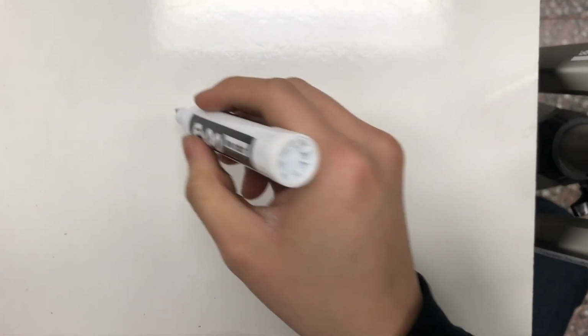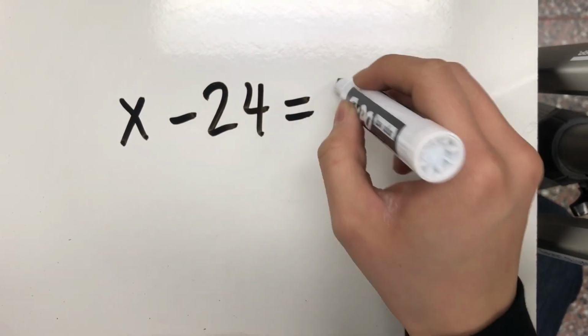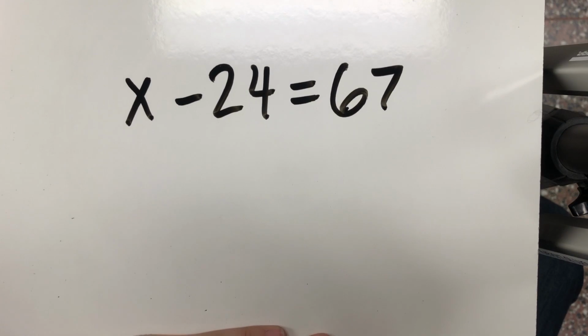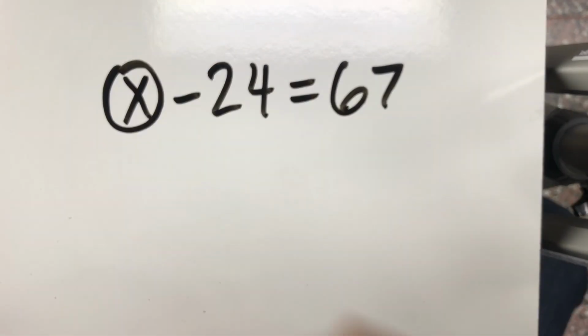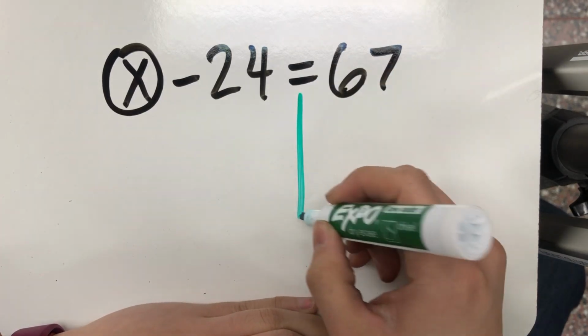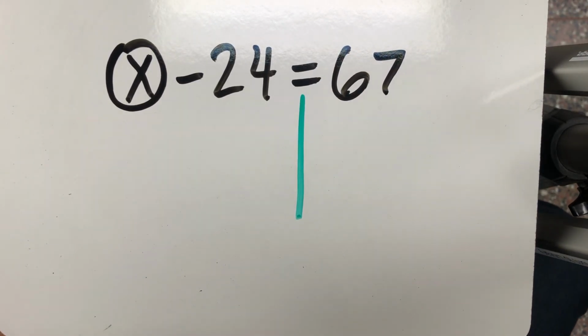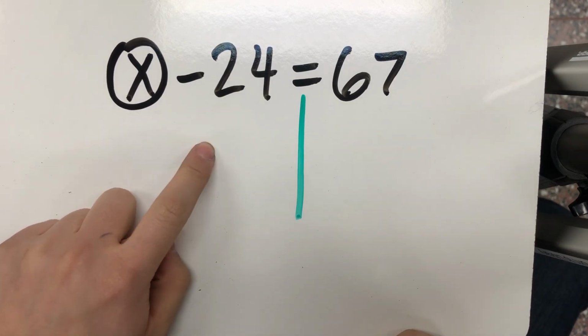Now let's look at some problems that have subtraction. X minus 24 equals 67. I'm still solving for my variable. My variable there is x. I'm still splitting my equation into 2 halves so I can see my 2 halves that I need to keep balanced. But now I have x minus 24.